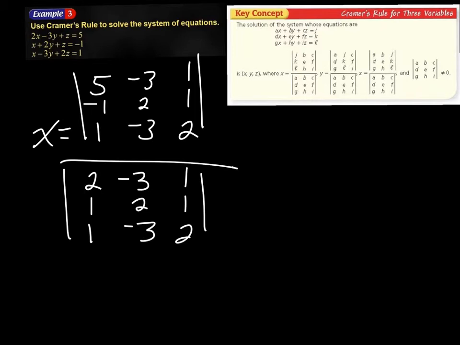To evaluate, according to the book, they used a calculator. So you may use algebra to evaluate the determinants for these 3 by 3s to simplify.